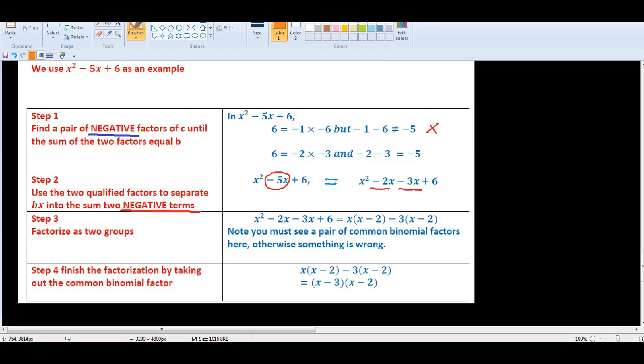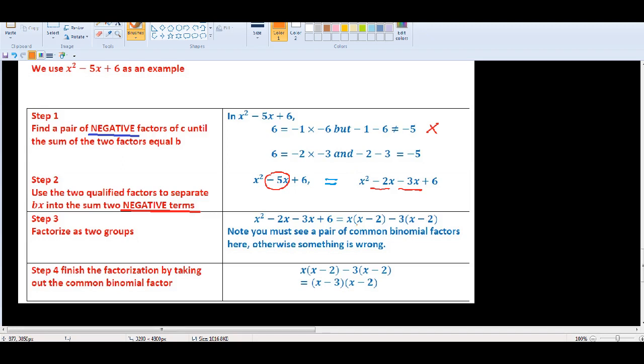Of course, when you group the last 2 terms, because you got a minus sign outside, you have to change the sign for everything in the bracket. So minus 3x becomes 3, and positive 6 becomes minus 6, and you take out 3 as a common factor.